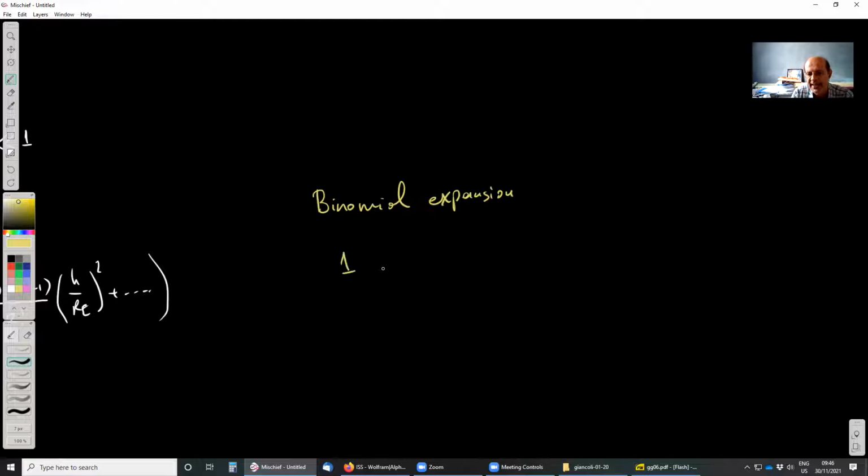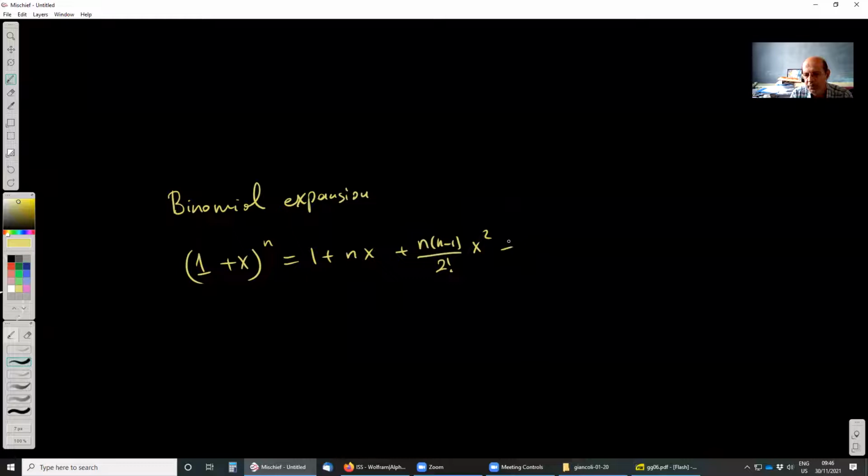Okay, so it says that 1 plus x to the power n is equal to 1 plus n times x plus n times n minus 1 over 2 factorial times x squared, plus n times n minus 1 times n minus 2 divided by 3 factorial x cubed, and so on. That's the binomial expansion that you know.